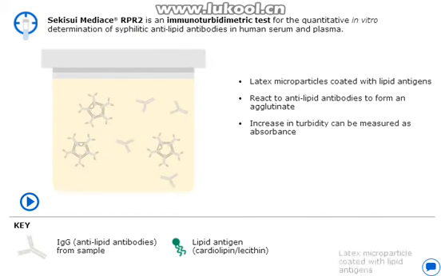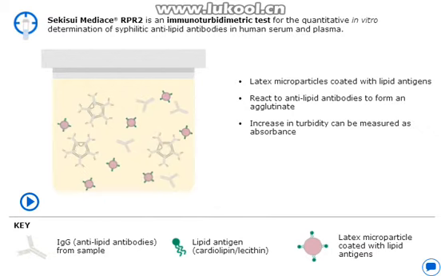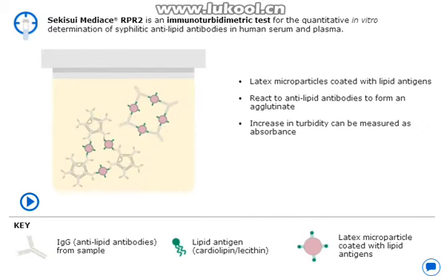Latex particles coated with lipid antigens, cardiolipin and lecithin, react to syphilitic anti-lipid antibodies in the sample to form an agglutinate, which results in an increase in turbidity which can be measured as absorbance at 700 nanometers.